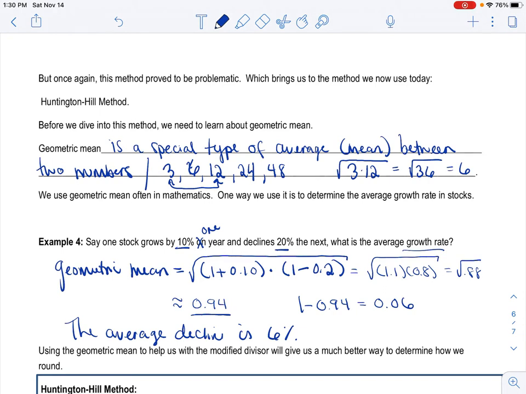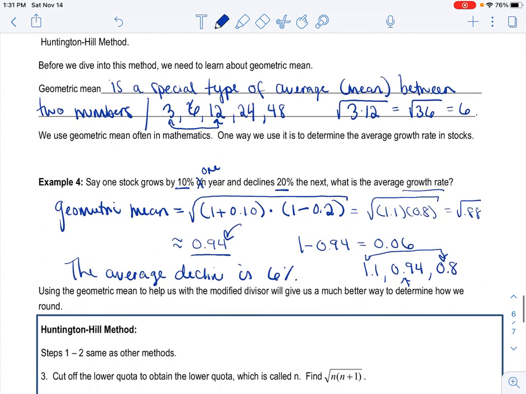I asked for a growth rate, but it's not growing, because it's less than 1. Please do not get caught up in this. If I'm royally confusing you, that is not what I meant to do. The other way to look at this is, we started with 1.1, we found 0.94, and we ended with 0.8. So the geometric mean between these two numbers is 0.94, and then I just related it to growth rates or declines with stocks.